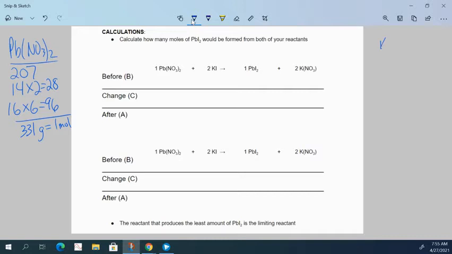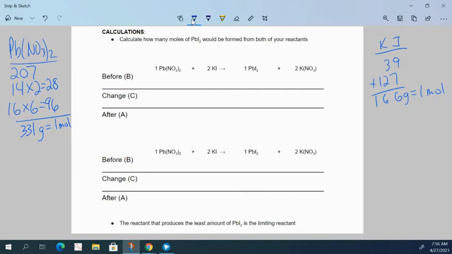And then we also got KI that we're going to need. That's just 1 potassium, 1 iodine, so that's 39 plus iodine, the big one, 127. So 266 grams. No, sorry, 166 grams in 1 mole for KI.